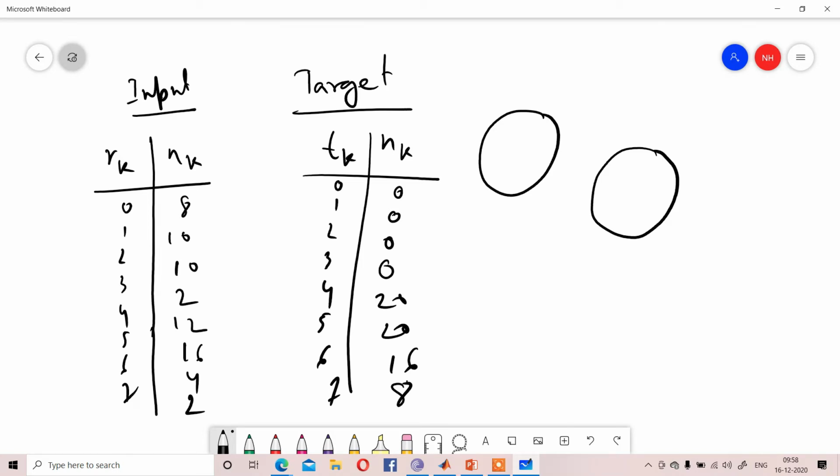Isn't it? So whenever you do the histogram matching, the RK value, that is the intensity level of the image, for both images, input image and target image, must be the same. Otherwise the matching will not happen.